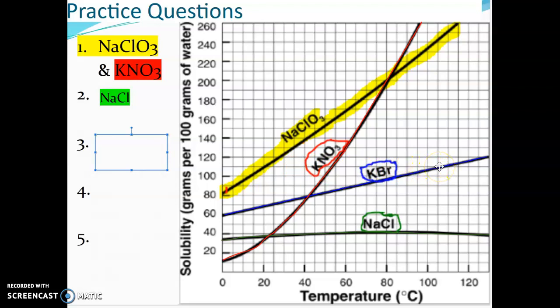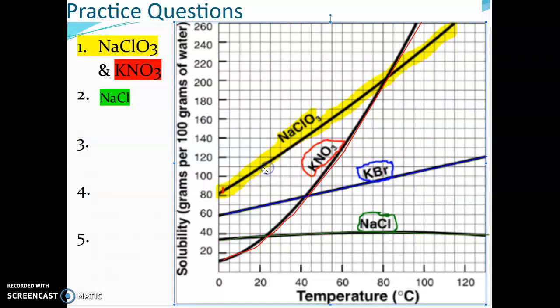Boom, here it is. So I am at 105 degrees Celsius. So at 105 degrees Celsius, KBr, the blue line, has a solubility of 110 grams.